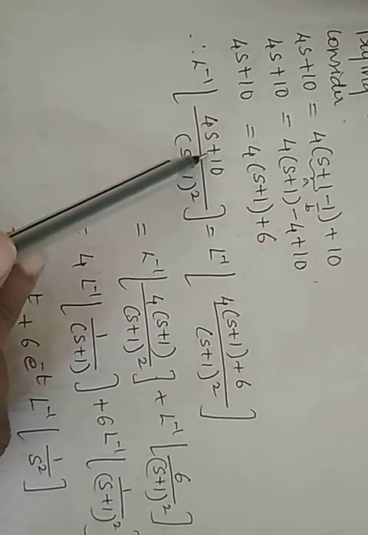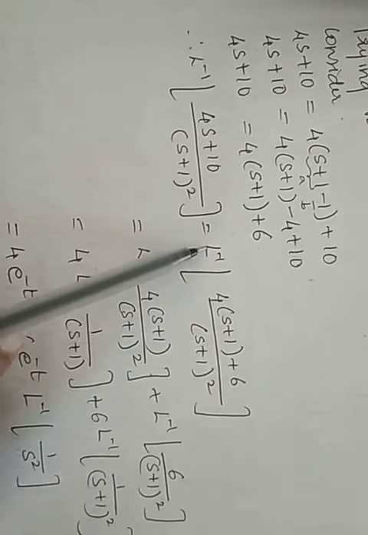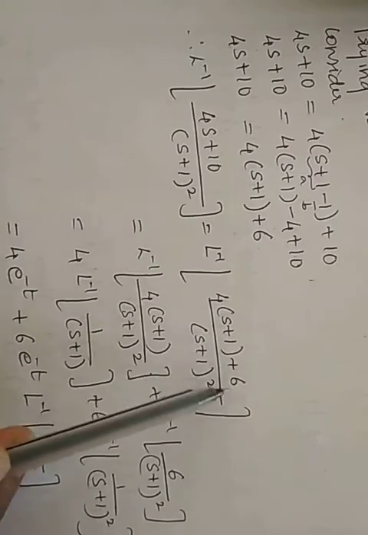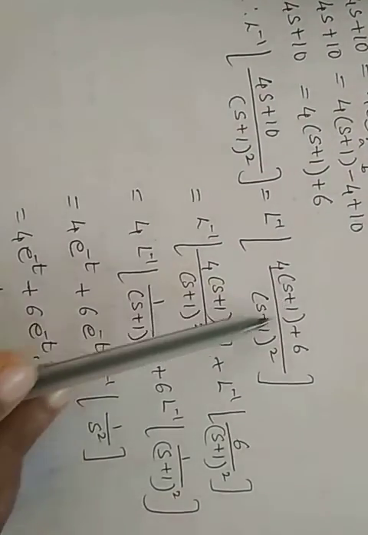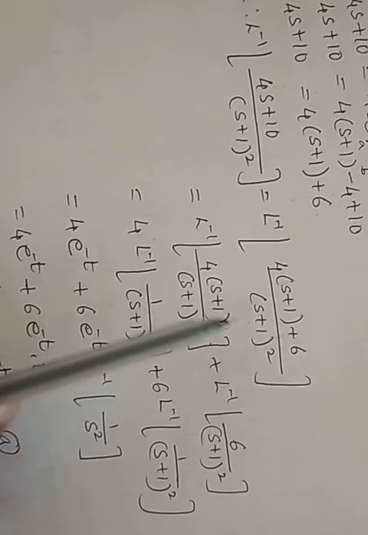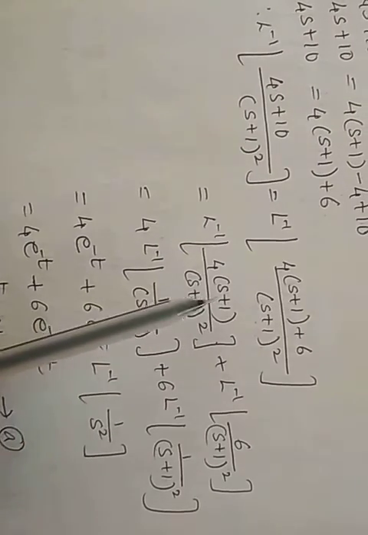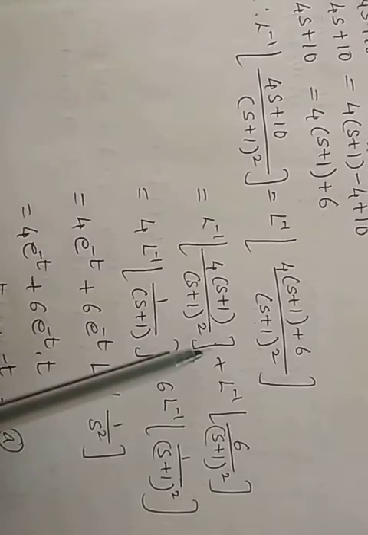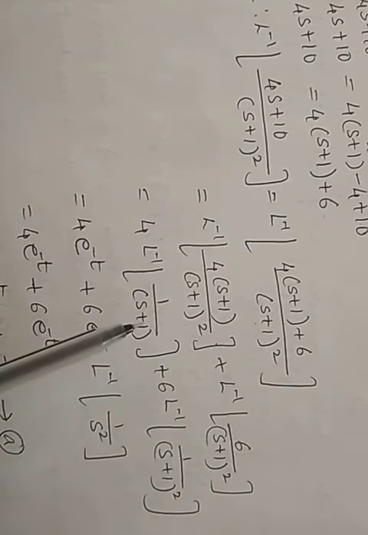So L inverse of (4s plus 10) upon (s plus 1) the whole square becomes L inverse of (4 into (s plus 1) plus 6) upon (s plus 1) the whole square. Since there is a single denominator, we can split the numerator over the denominator. So L inverse of 4 into (s plus 1) upon (s plus 1) the whole square plus L inverse of 6 upon (s plus 1) the whole square.